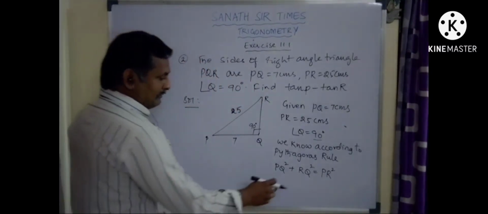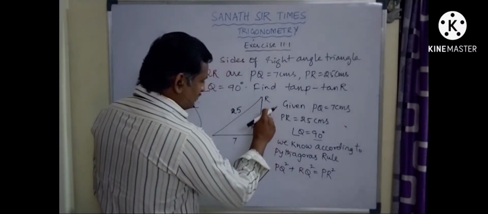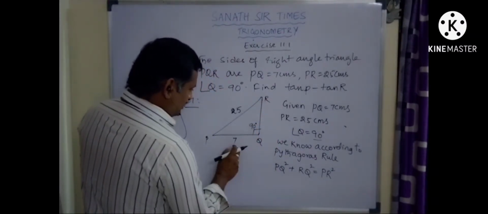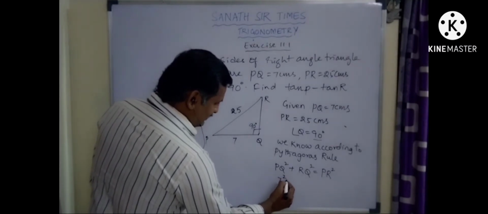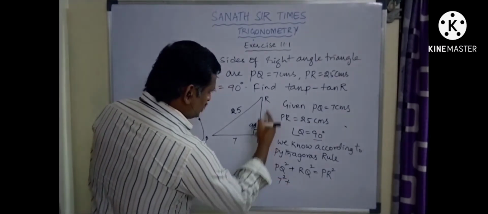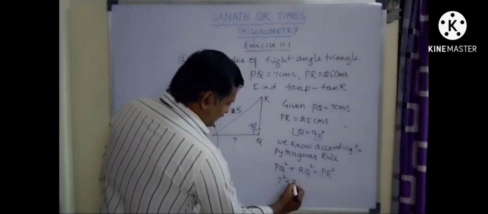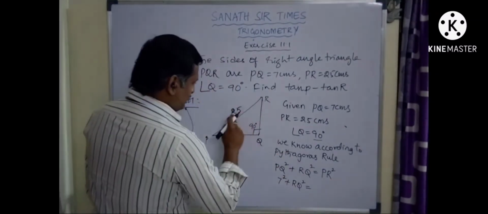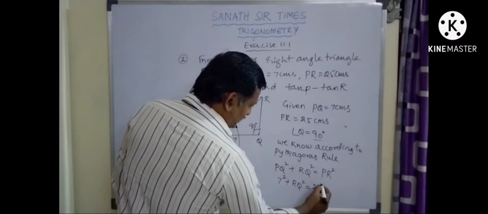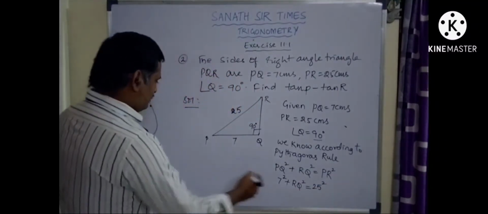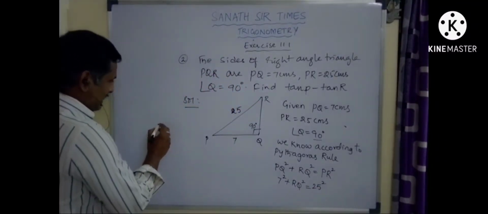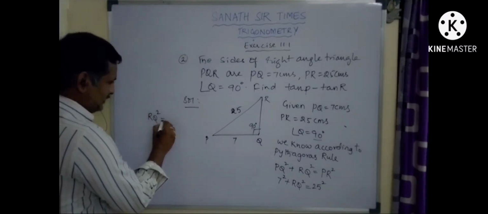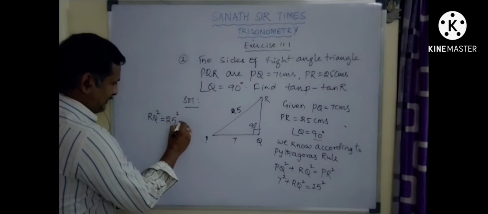So applying this, I would like to calculate the value of QR. Now here it is PQ, which is 7 square, plus RQ. You don't know what RQ is. Let it be as it is. PR is 25 and it has a square. Let it be square. From this I am continuing. So RQ square is equal to 25 square minus 7 square.